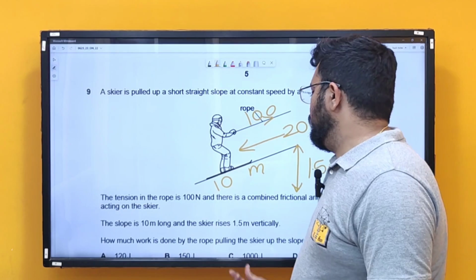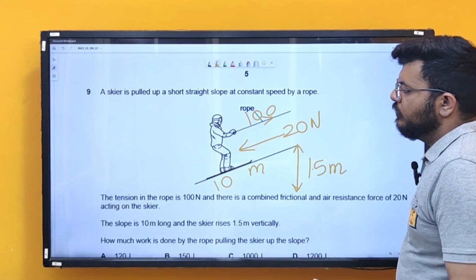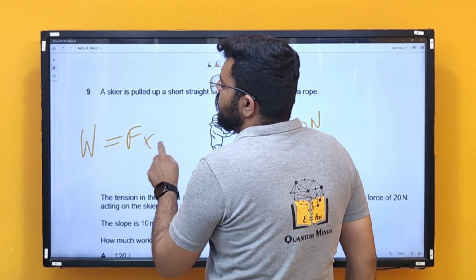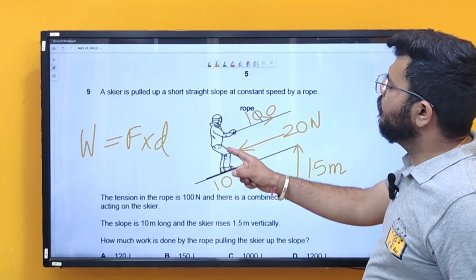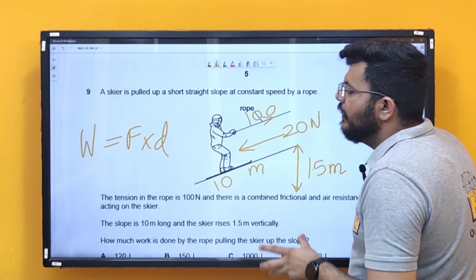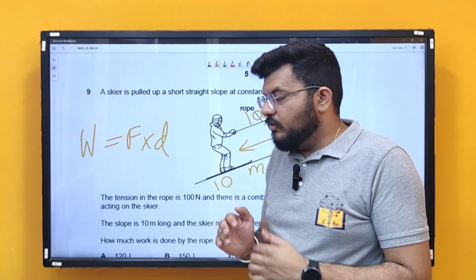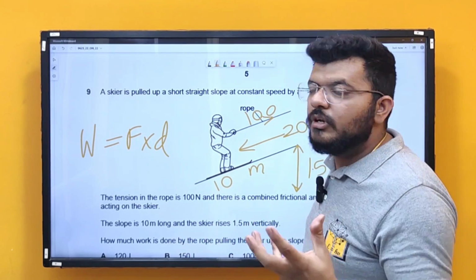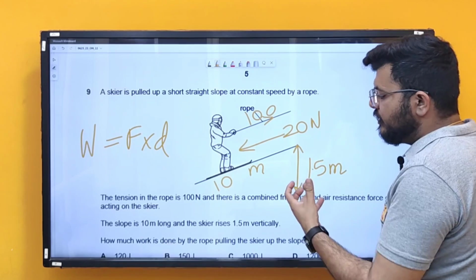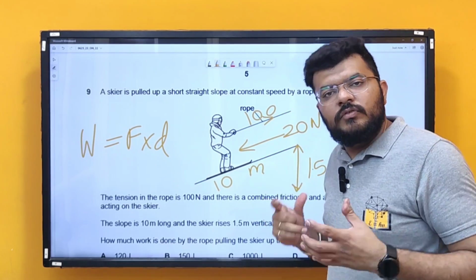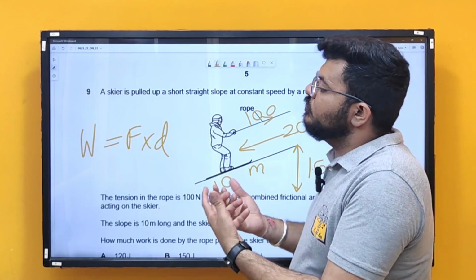How much work is done by the rope pulling the skier up the slope? So what is work done? Work done is force into displacement. What is the force required to pull him? 100 Newton. Do not subtract 80 from 100. Why? They are not asking about the net work done or the actual output. They are asking how much work is done by the rope. That 100 Newton of force is used to do work.